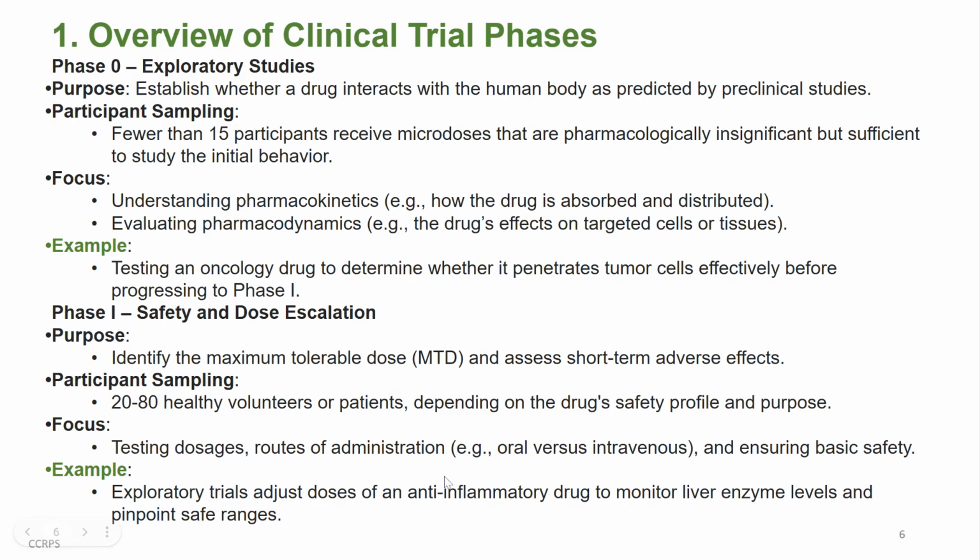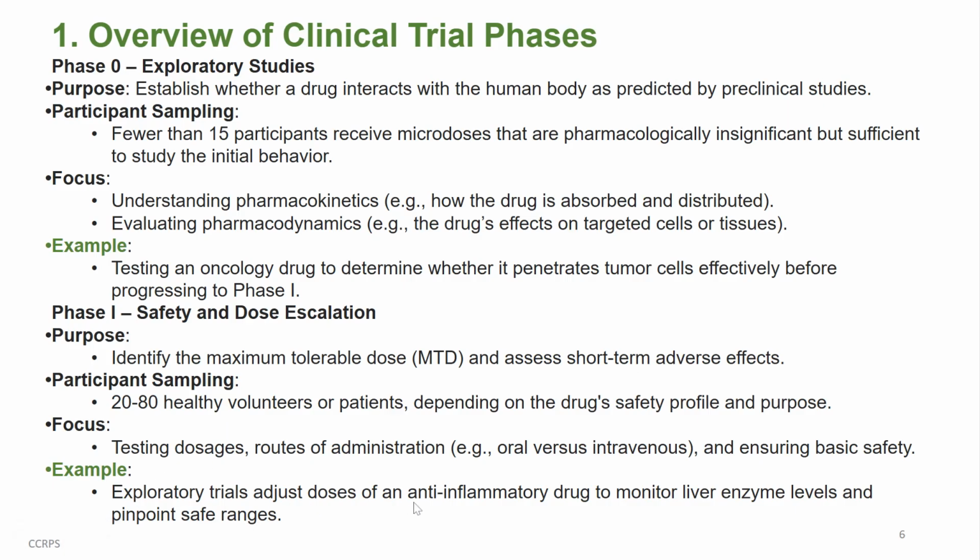Focus: testing dosages, routes of administration, for instance oral versus intravenous, IV, and ensuring basic safety. The route of administration could be oral, intravenous, or even intramuscular. So safety, the maximum tolerable dose, and the amount will be small but bigger than phase zero.